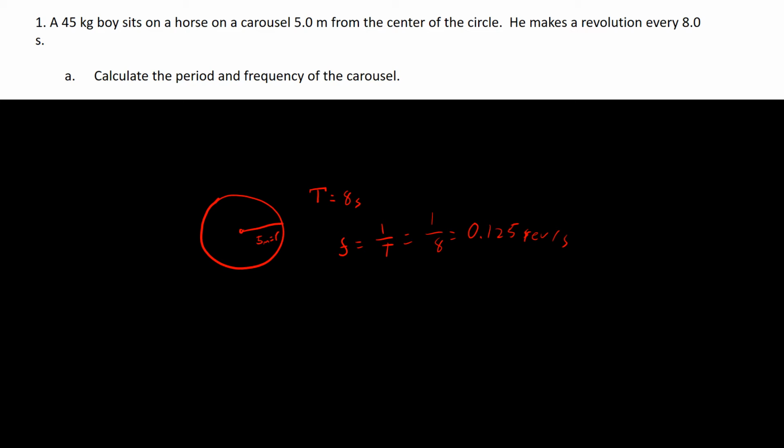Because you've got to remember, frequency is how many revolutions it makes every 1 second, and if it takes 8 seconds to go around once, that makes sense. You're going to have a very small number there. All right.